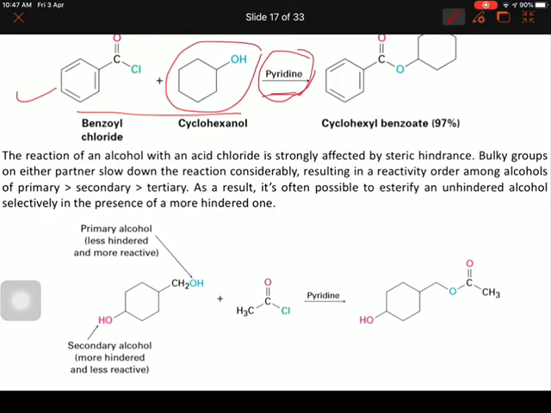There should be a base for this reaction in order to eliminate the Cl, because Cl is going to be removed by the base. However, just keep in mind that primary is more reactive than secondary and tertiary in the preparation of ester from acid halide and alcohol in the presence of base, and the main reason is steric hindrance.